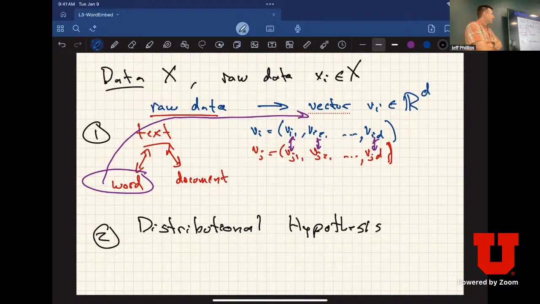Okay, and this is the historical perspective that tells us how we choose the vector representation of each word. How do we choose this representation?